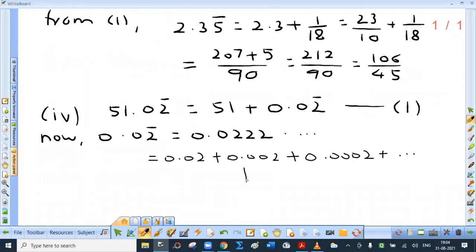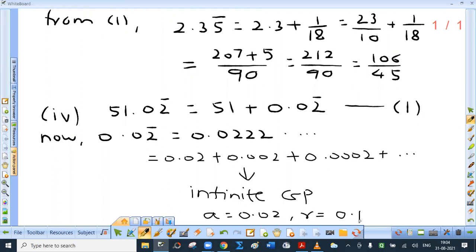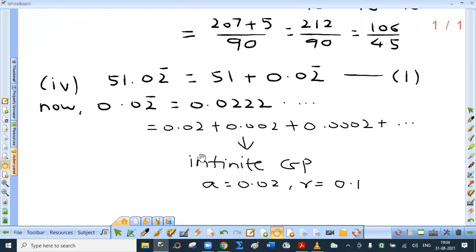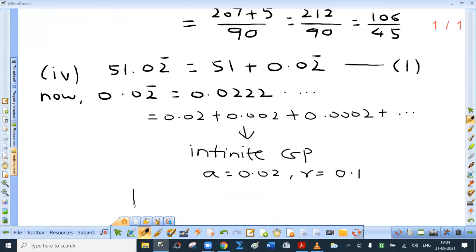So as usual, I will say infinite GP. What is first term? 0.02. Common ratio, here I will write directly 0.1. If you want, you can divide second term by first term or third term by second term. You have to mention that modulus of R is 0.1, less than 1. So sum to infinity exists.